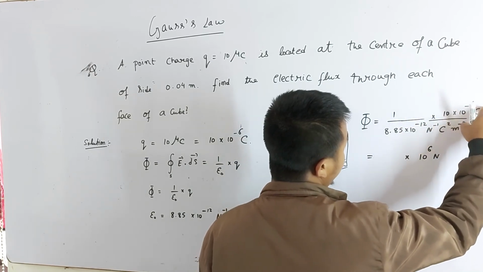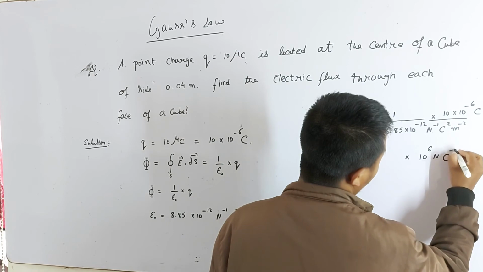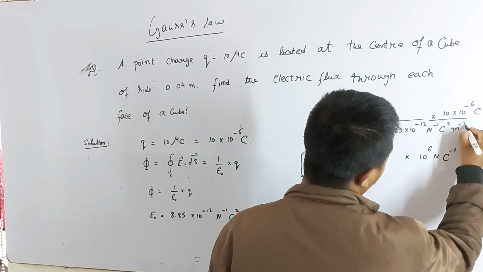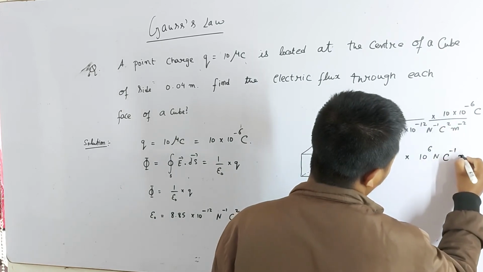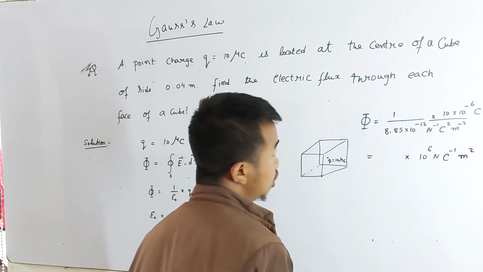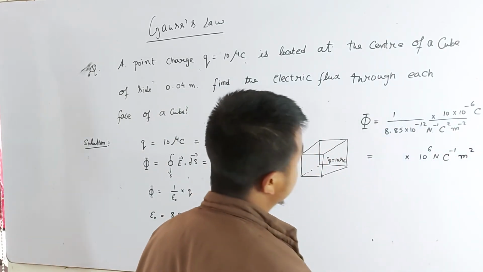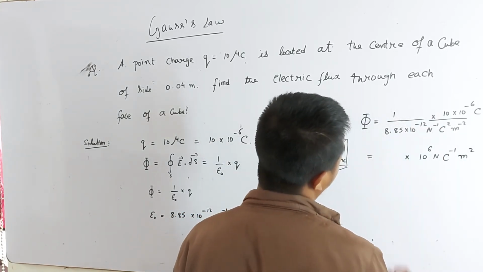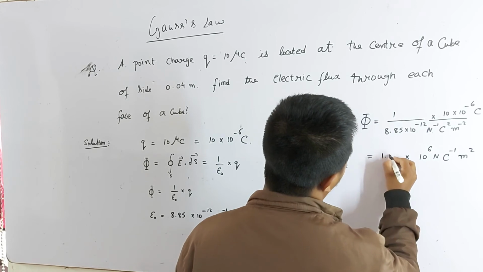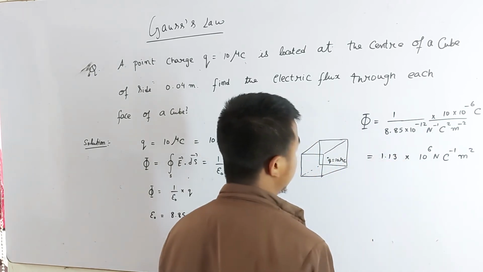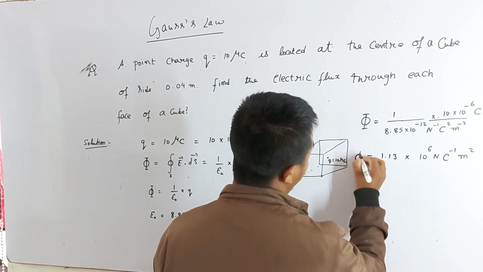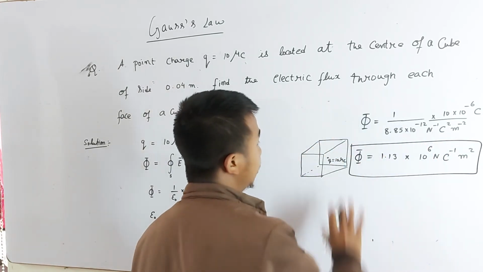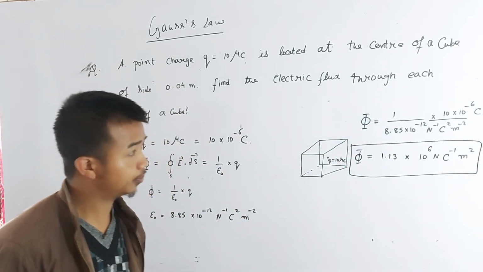So minus 2 and plus 1 become C to the power minus 1. And if we take this M to the power minus 2, it becomes M squared. So that is the unit. 10 divided by 8.85 is approximately 1.13. So that is the total flux, or the flux through all the faces of the cube.